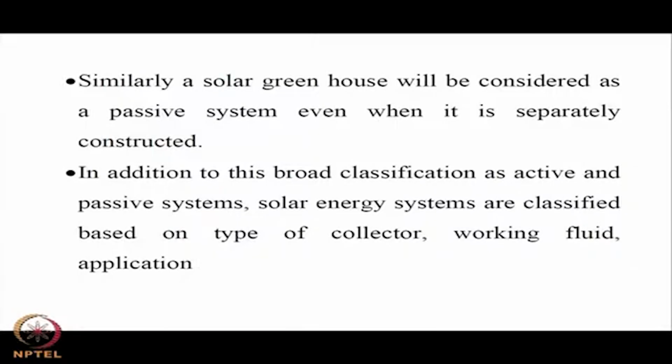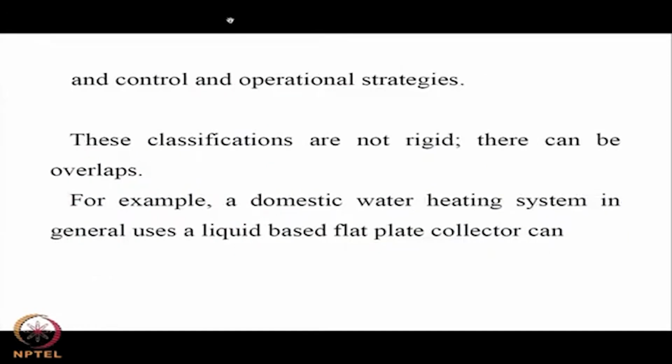In addition to this broad classification as active and passive systems, solar energy systems are classified based on type of collector, working fluid or application. So, you may have, and even the control strategies.